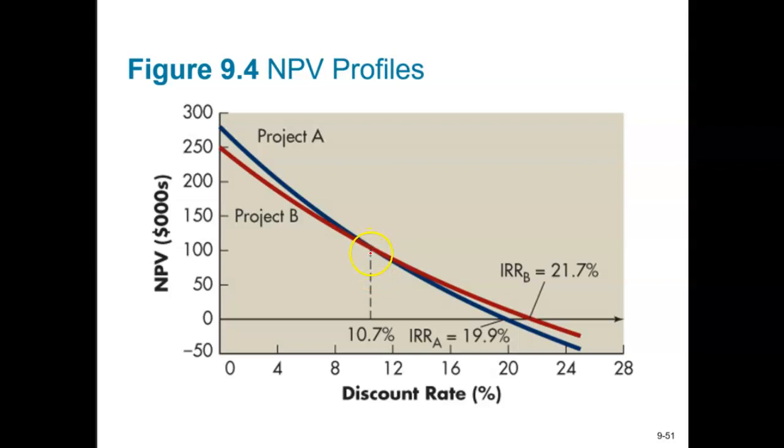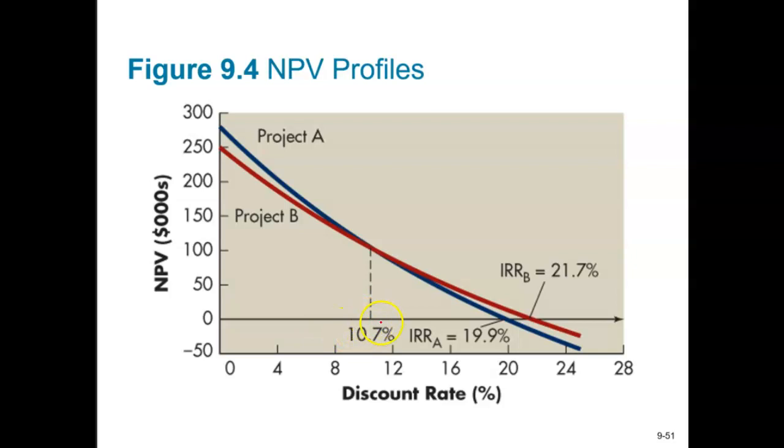So beyond this crossover rate, things will be indifferent, right? So if we talk about these two projects, project A is a winner over project B when the discount rate is less than 10.7.